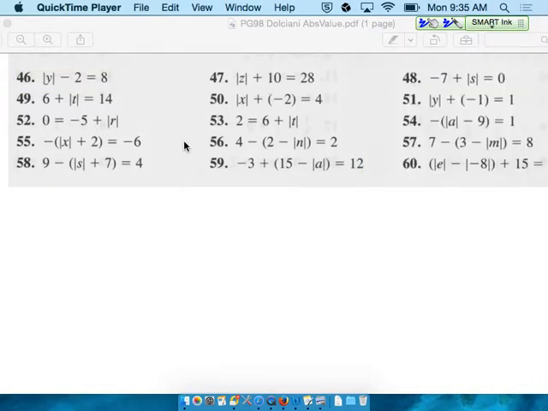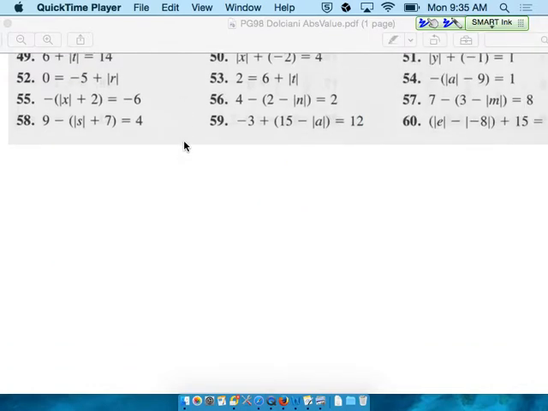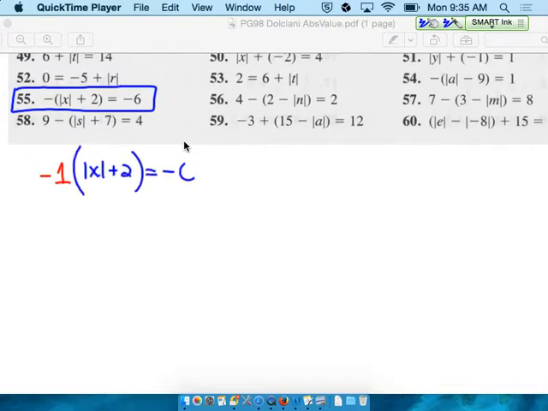Okay, let's look at number 55. I'm going to rewrite this, and I'm going to change that negative outside the parentheses to a -1 to illustrate my point. I think the first thing I would like to do is divide the red -1 away from both sides. And when I do that, I really don't need the parentheses anymore.